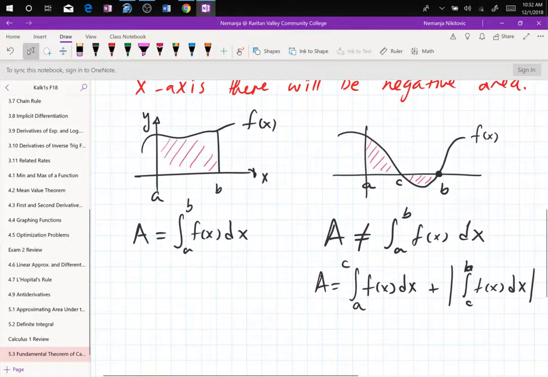So you have to be careful. This is part 1 of fundamental theorem of calculus. We define the definite integral, the way to compute it, and we say it's used to calculate areas under the curve, but you have to be careful about the area. Depending on the function, you might be able to do it easily, or you'll have to annoy yourself with the longer calculation, as you can see.